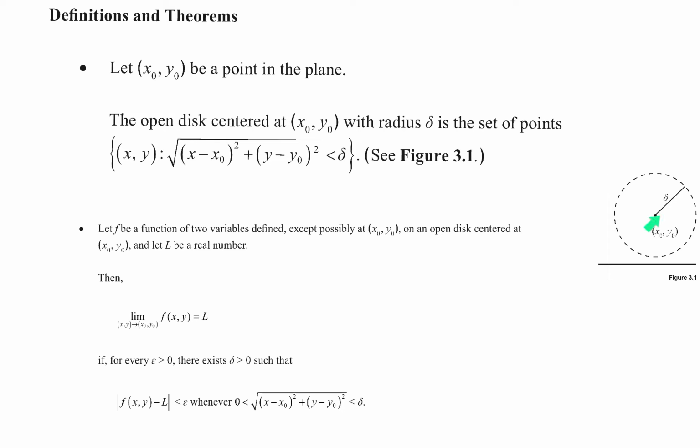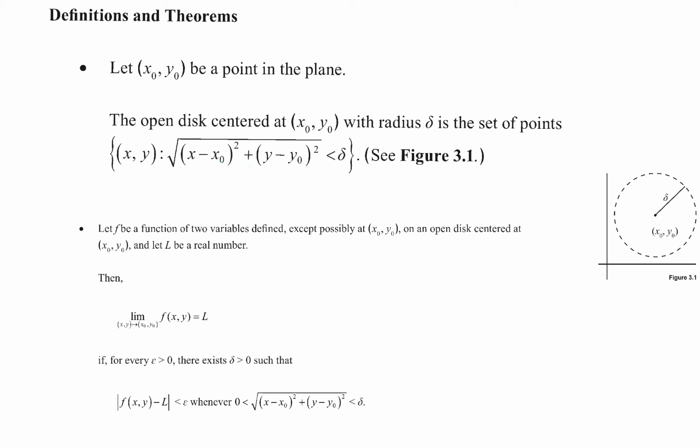So this is the point x0, y0. You create a disk of radius delta in the plane xy, and inside the disk there are xy points, and the distance from any point xy to the point x0, y0 is the square root of (x minus x0) squared plus (y minus y0) squared.